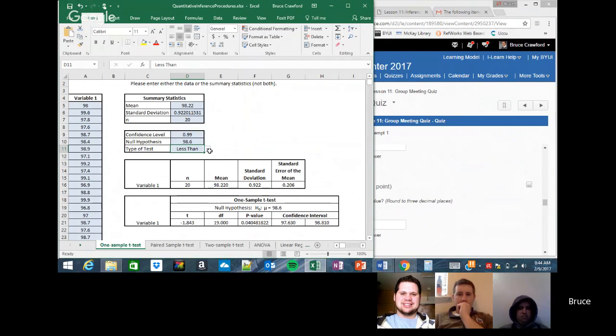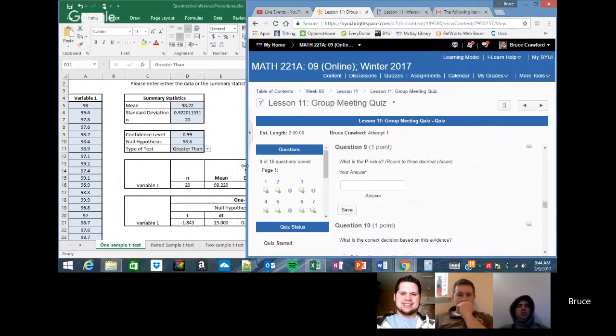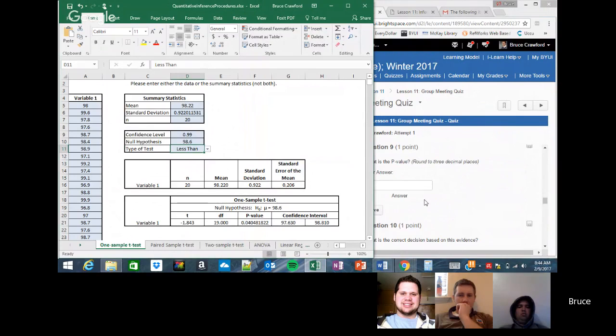I thought the tails would each be the same. We're saying the hypothesis is that the mean is actually less than 98.6. So on our table, we need to change the type of test to less than. Okay, when I do that, I have 0.040. Yep, that's what I got.